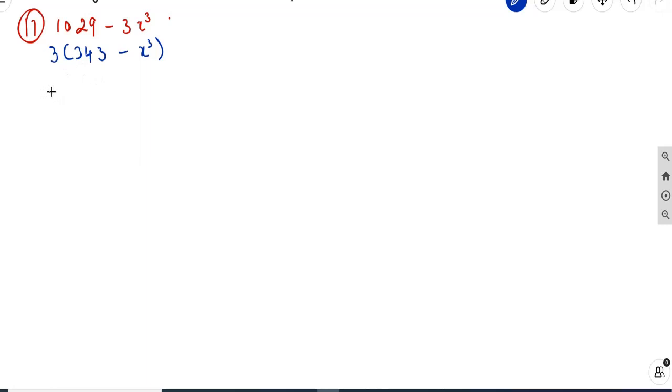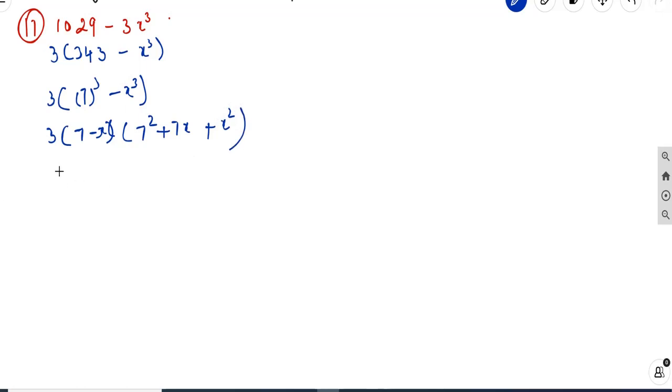So 3 I have taken out. Now this one we will put in the form of 7 to the power of 3 minus x cube. Okay, so this is in the form of a cube minus b cube. So now we'll use the identity. So 3, 7 minus x, one term, and one more term is 7 square plus 7 into x plus x square.